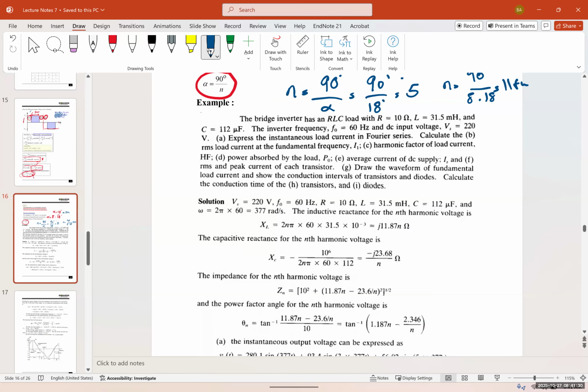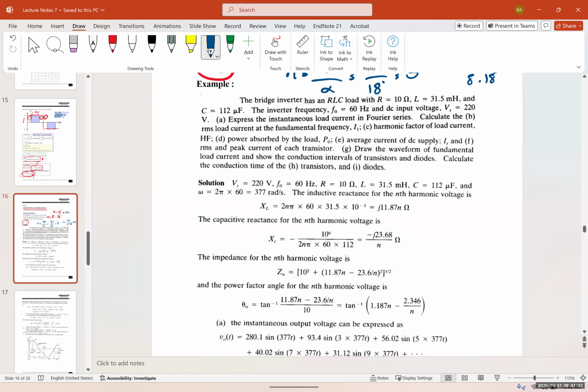Now let's solve an example. The bridge inverter has an RLC load, and this is from the book, with R equal to 10 ohms, L is 31.5 millihenry, and C is 112 microfarads. The inverter frequency is 60 hertz, and the DC input voltage is 220 volts.